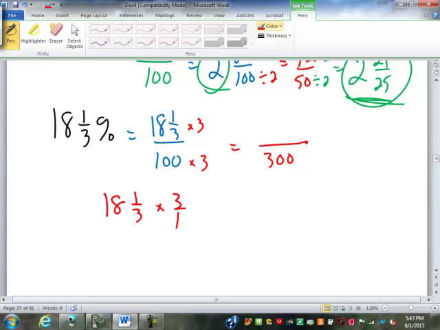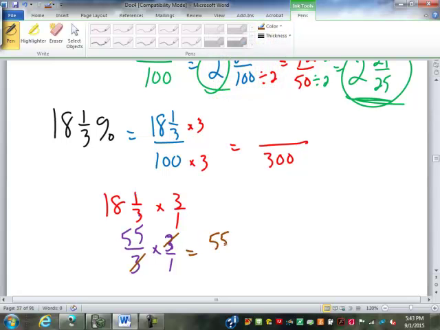What do we have to do to the 18 1/3? Make it into an improper fraction. How do we do that? 18 times 3 is 54, plus 1 is 55. Good. Now we can cross cancel the 3's.